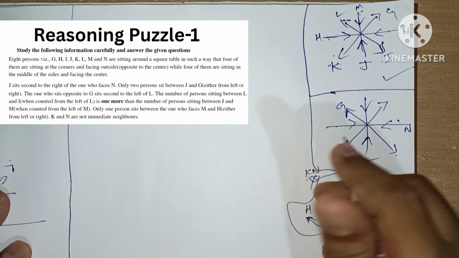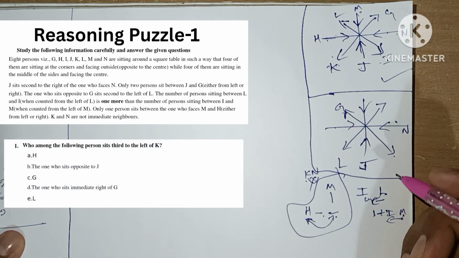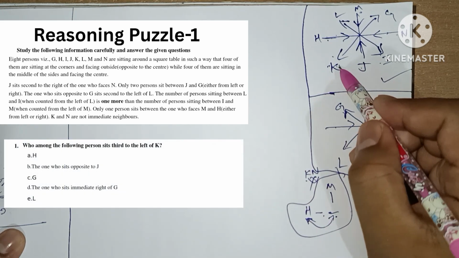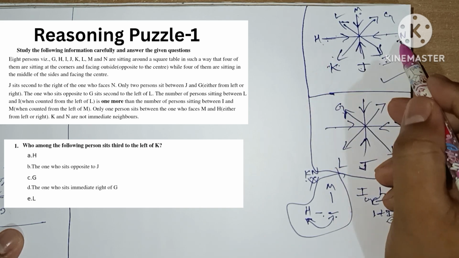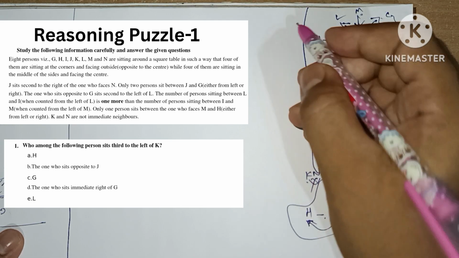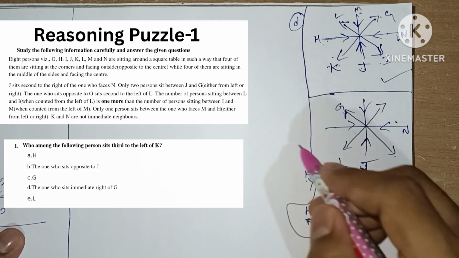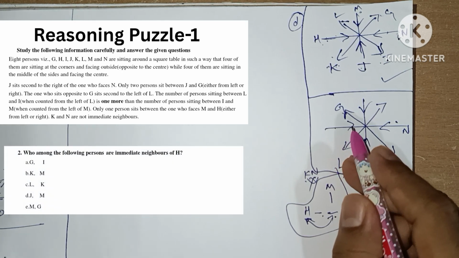So let's see the questions that are asked. The first question is, who among the following persons sits third to the left of K? 1, 2, 3, N. Options are: option B, the one who sits opposite to J. No. Option D, the one who sits immediate right of J. So option D is our answer. Next, second question, who among the following persons are immediate neighbors of H?